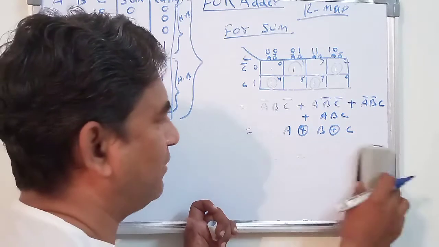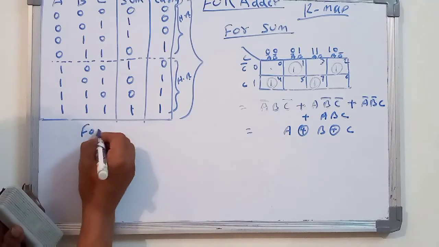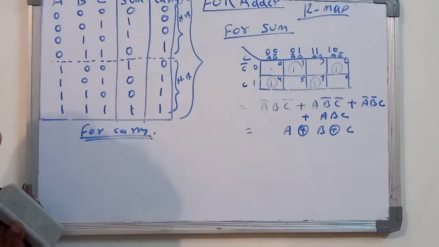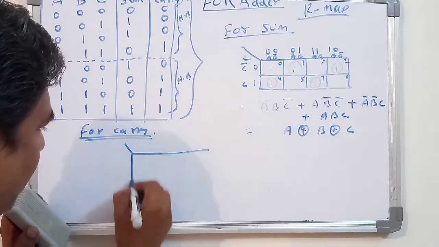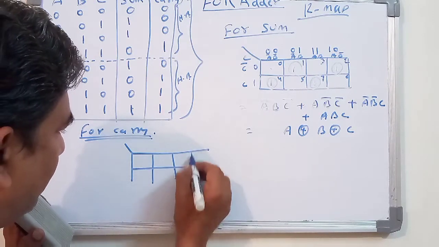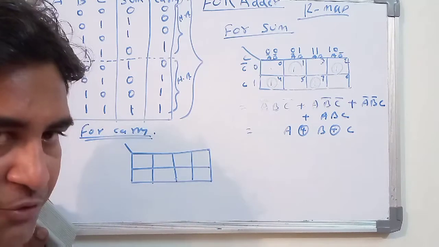Okay, then we will see the carry. For carry, we will design the table. Again the same thing you have to draw. Like this, the rows and columns have to be drawn by you.